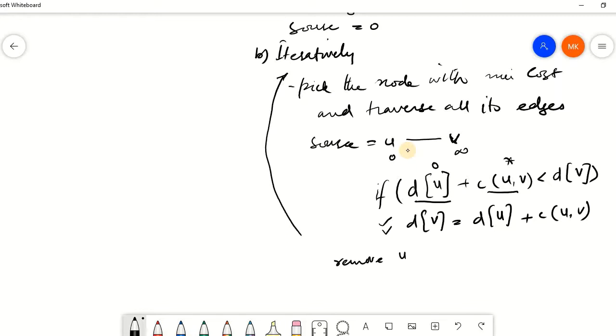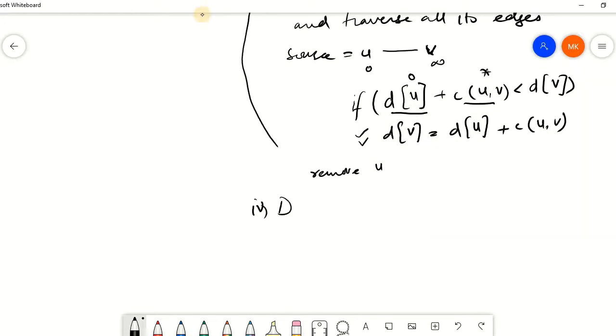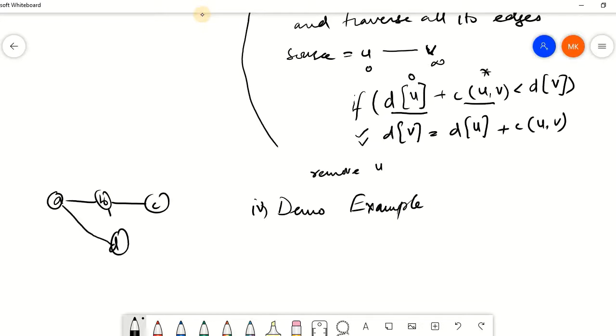So let's just do this with the help of an example. Let's say we have a graph that has nodes A, B, C, D, and these are the edges that we have, and we will also have some cost with these edges.